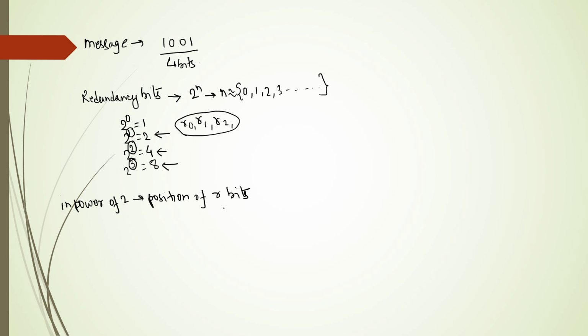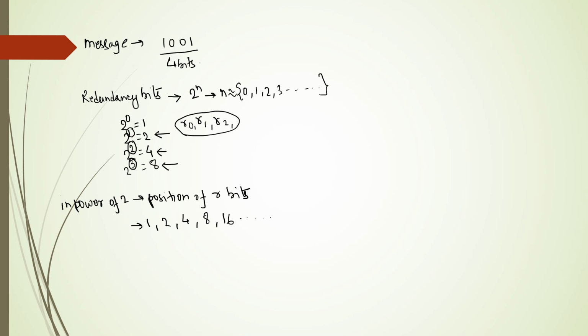Which means the position of R bits can be 1, it can be 2, it can be 4, it can be 8, it can be 16 and so on. Am I clear till this? Now we will see how. Is it clear?